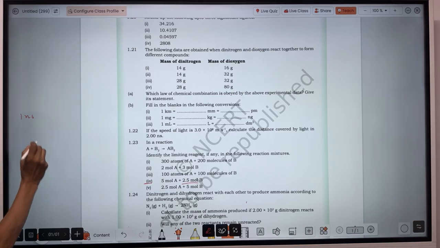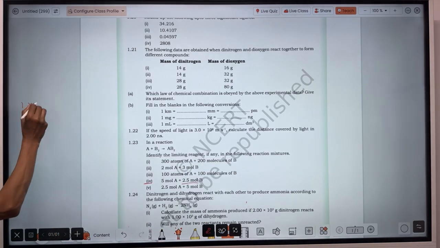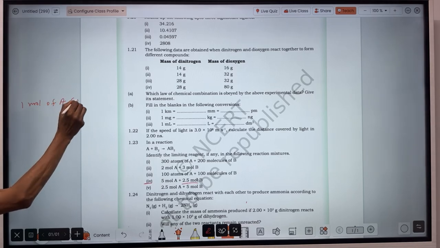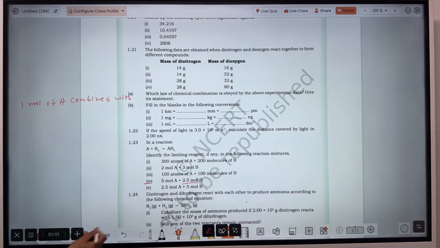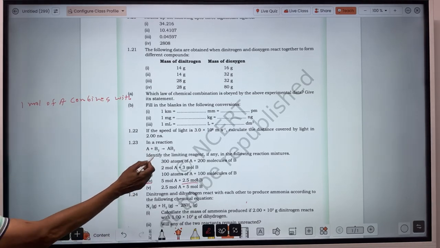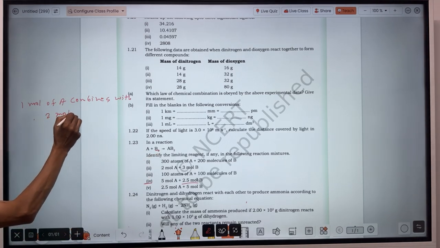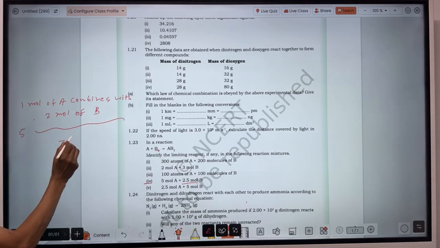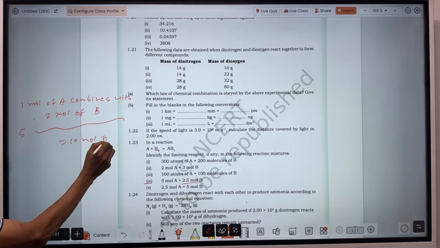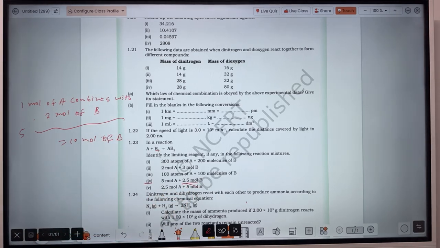So 1 mole of A combines with 1 mole of B2, or 2 mole of B. So 5 mole will combine with how much? 10 mole of B. But 10 mole is not available. So B is the limiting reagent.